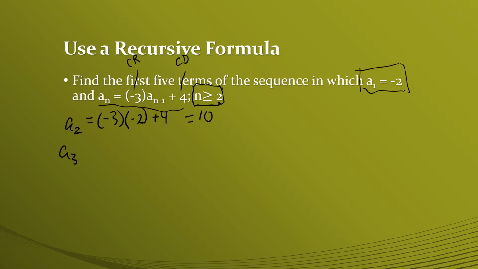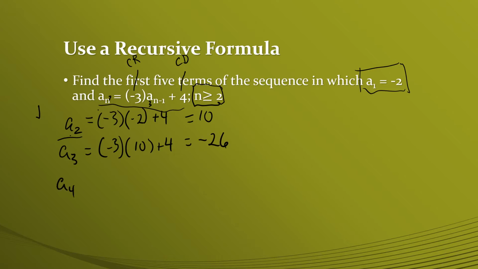Then to find the third term, I'm still going to have the -3, except this time I'm going to substitute in 10 for a(n-1). I'm looking for the third term, so n is 3, minus 1. So I'm going to put in the second term of the sequence, which I found to be 10, plus 4. -3 times 10 is -30, plus 4. That's going to give me -26.